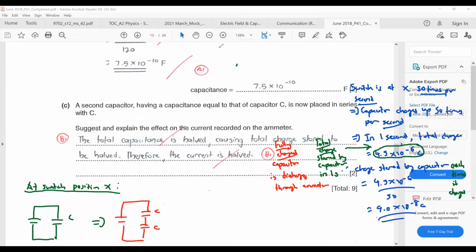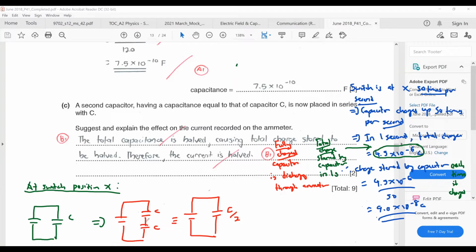Now when you look at this one here, and I try to simplify it into a single equivalent capacitor, this is akin to me saying that I have a capacitor whose capacitance is actually C over 2, right? This one is capacitors in series.